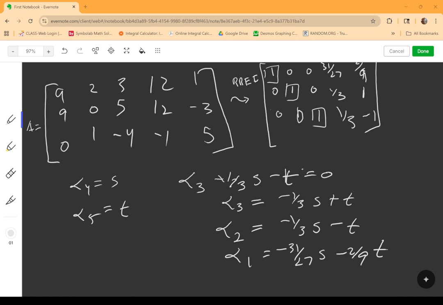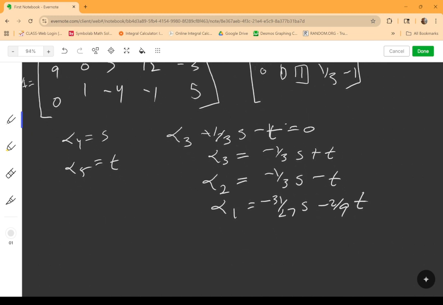Before I jump back to the theorem, let's write it in vector notation.